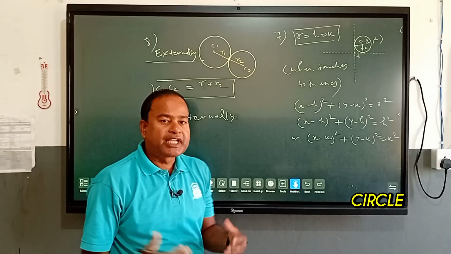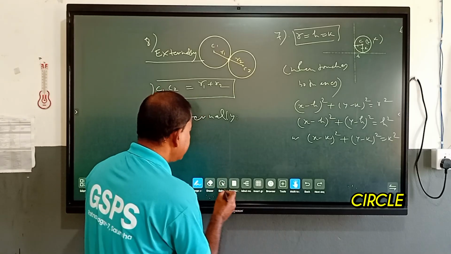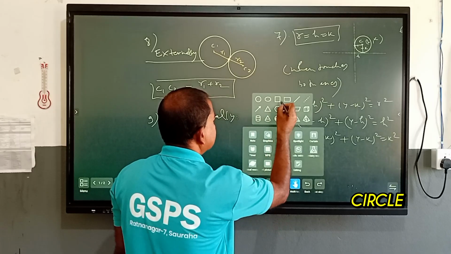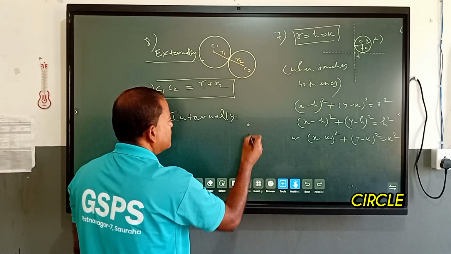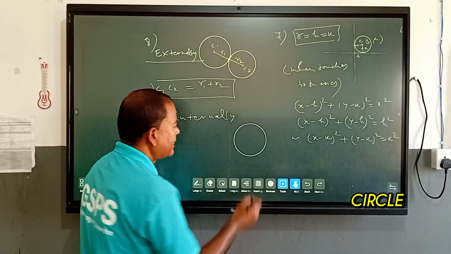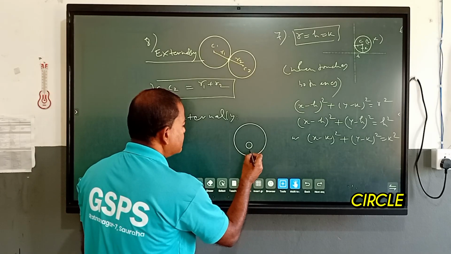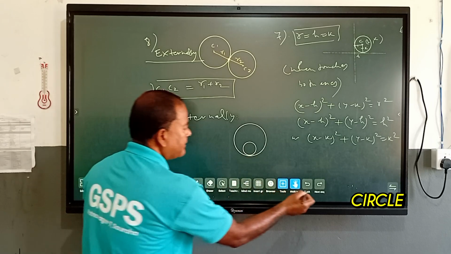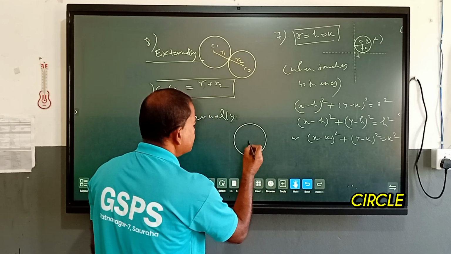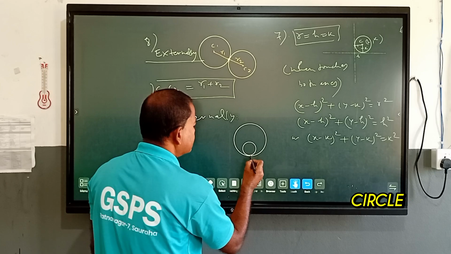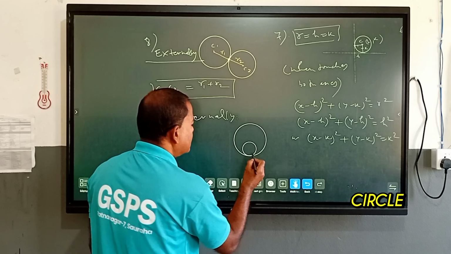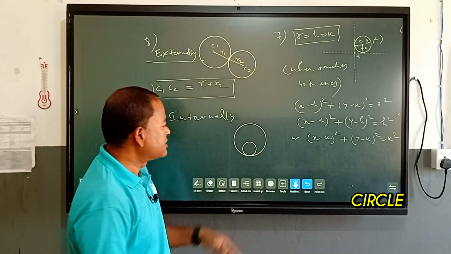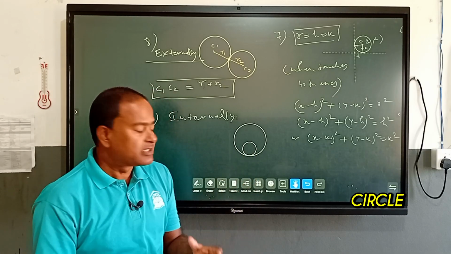So dear students, let's make a diagram when two circles touch internally. This is the first circle, and let's make another circle also. In this diagram, the first circle and second circle both touch internally.